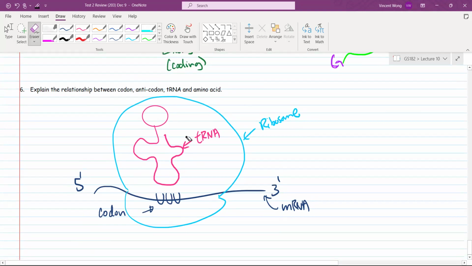So how do we ensure the right tRNA is docking into the ribosome? Well, at the bottom of the tRNA, there would be a triplet of anticodon. The anticodon and the codon must be complementary.